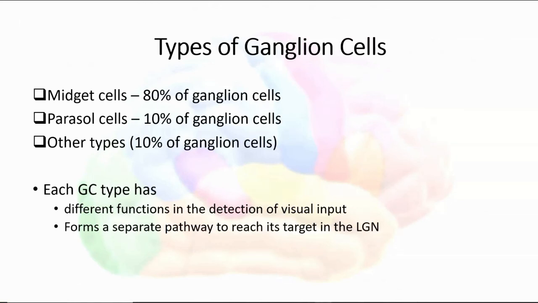Additionally, before the electrical signals corresponding to visual information are conveyed to the brain, such visual information undergoes extensive additional processing in the ganglion cells.